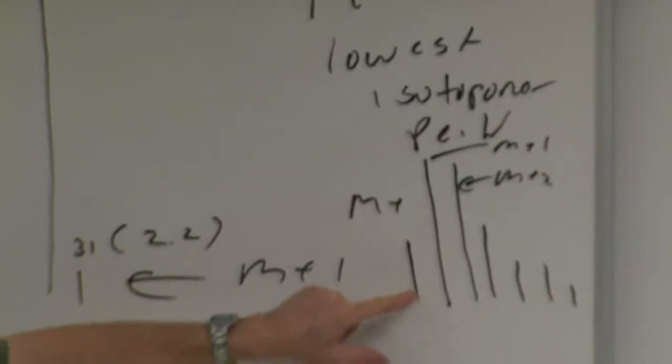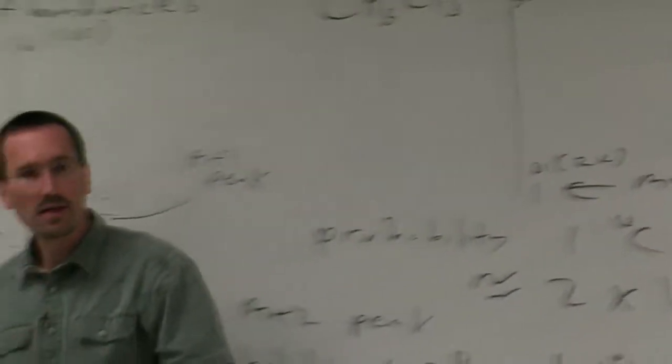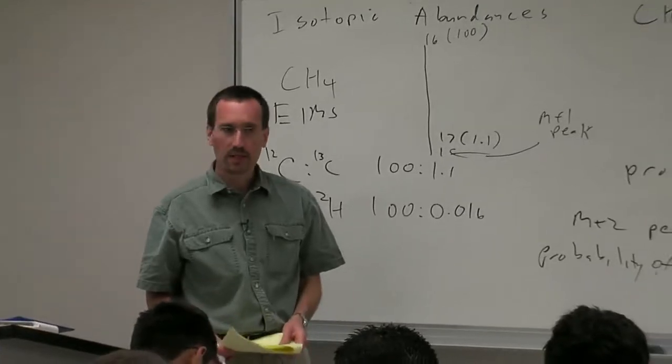This would be your M plus 1, M plus 2, and so forth. And of course, if you're dealing with a soft ionization technique, then your first peak is going to be M plus H or M plus sodium. But basically, the first isotopomer peak may not be the biggest in certain cases. Other thoughts or questions?